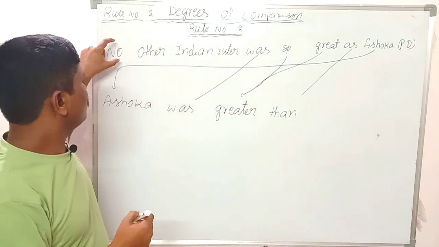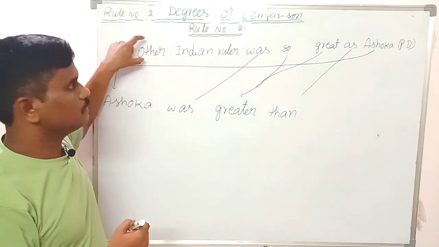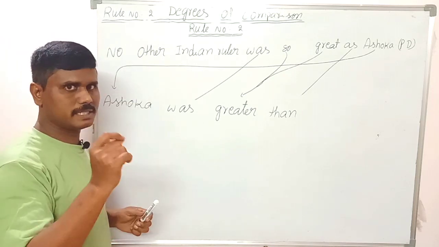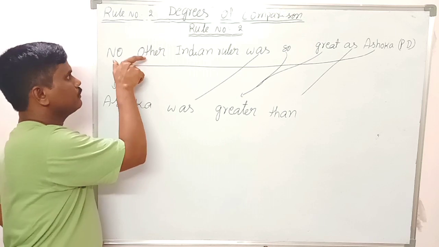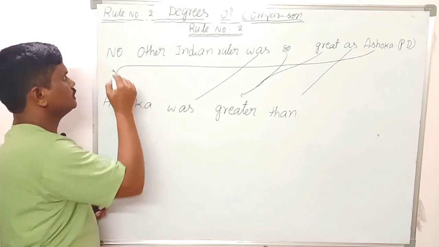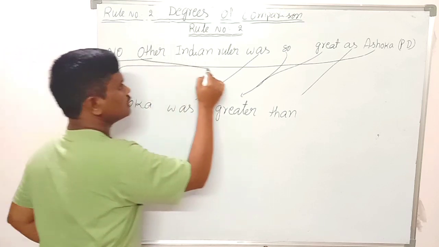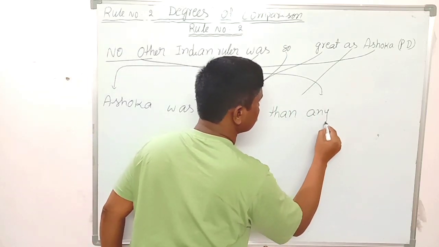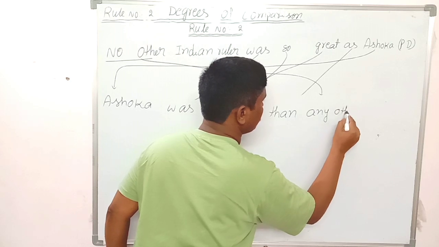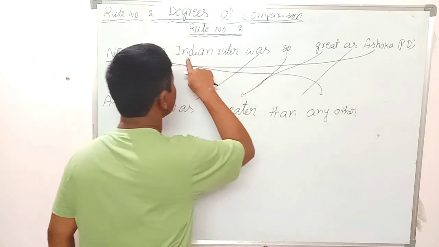Now what are the given words here? You look at it, it is very, very essential. No other. When we find no other, these two words change into any other, and the remaining words we write here.